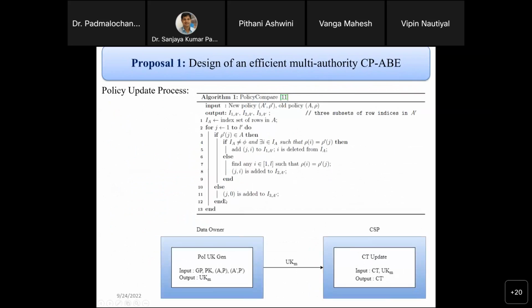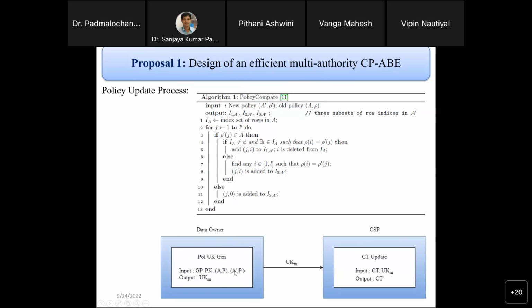When there is a change in policy, the new policy and old policy are given as input, and the components which change in the policy tree are identified and updated in the policy tree. Such nodes are added in the policy tree, and that's how the new policy is added to the old policy tree itself.